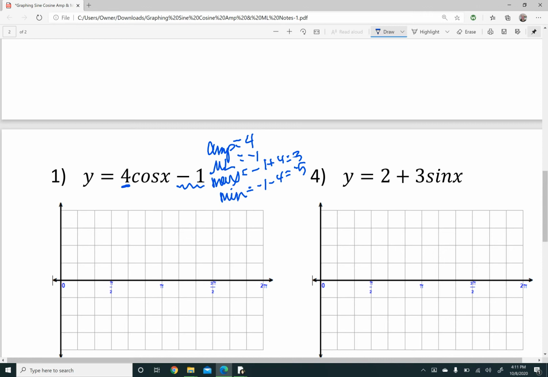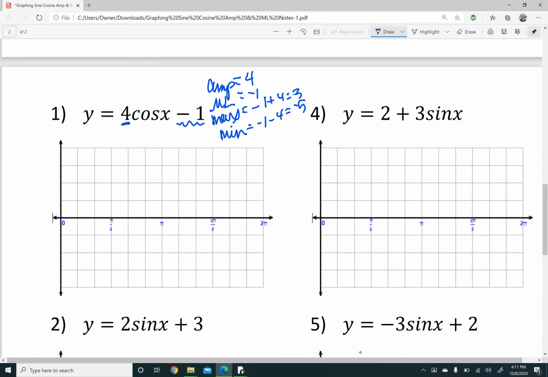So what you have here is my midline is at -1. So instead of my graph being hooked at 0, it's now here. And so then my minimum, 2, 3, 4, is really down here at -5. This is my minimum. And my max is at 1, 2, 3 up here, okay?